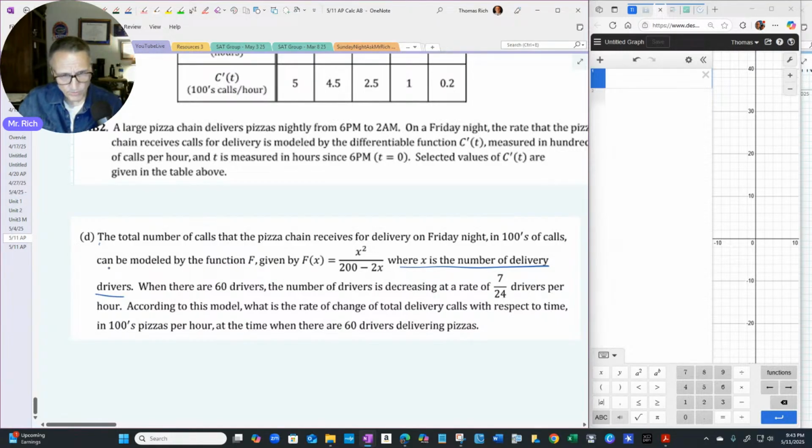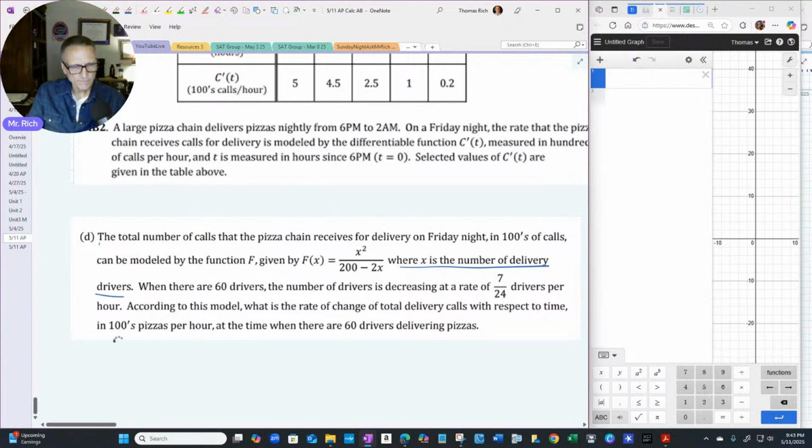When there are 60 drivers, the number of drivers is decreasing at a rate of 7/24 drivers per hour. According to this model, what is the rate of change of total delivery calls with respect to time, in hundreds of pizzas per hour, at the time when there are 60 drivers delivering pizzas?